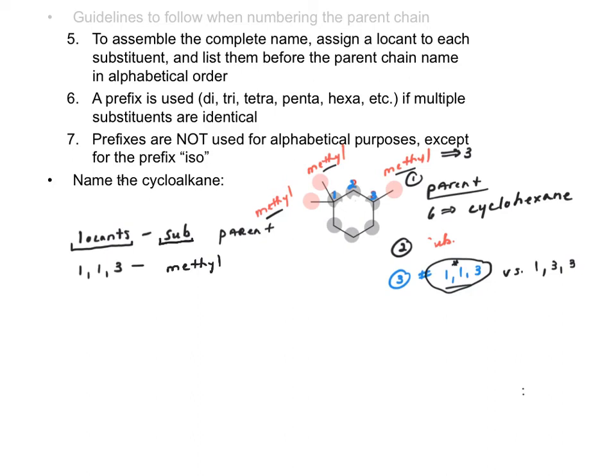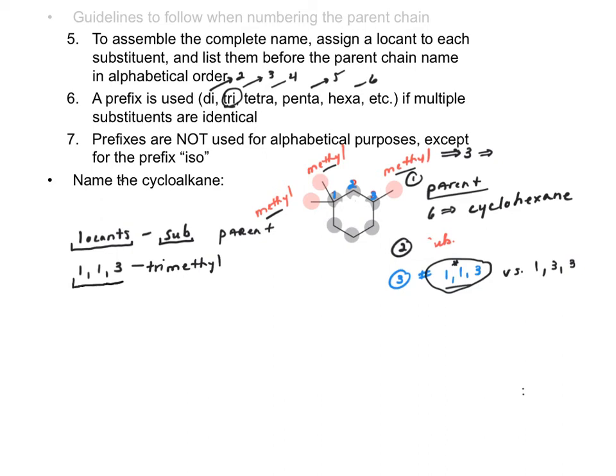But now if we have more than one of the same type, then we need to utilize a prefix to specify that. So right now we have 3 methyl groups. And to say that we have 3 methyl groups, we're going to use the prefix tri. So di, as a reminder, is 2, tri is 3, tetra is 4, penta is 5, hexa is 6, hepta is 7, etc. Okay? So I have to specify that there are 3 methyl groups. So I will say trimethyl. Those are all of my substituents.